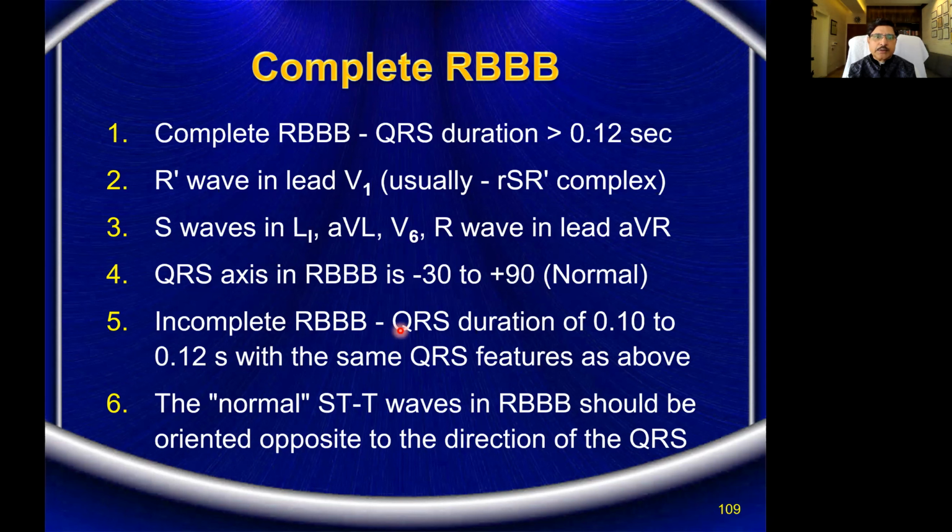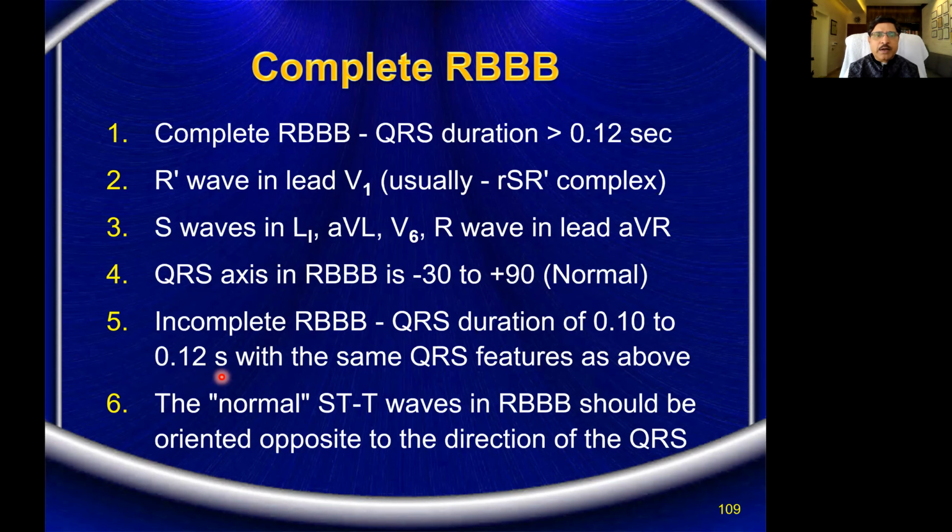It's a normal QRS axis. Now, the term incomplete right bundle branch block is not being used today. People used to say anything between 0.11 to 0.12 is incomplete. But now we classify whether it is there or not. Don't worry too much about incomplete RBBB, incomplete LBBB. They don't have any clinical meaning.